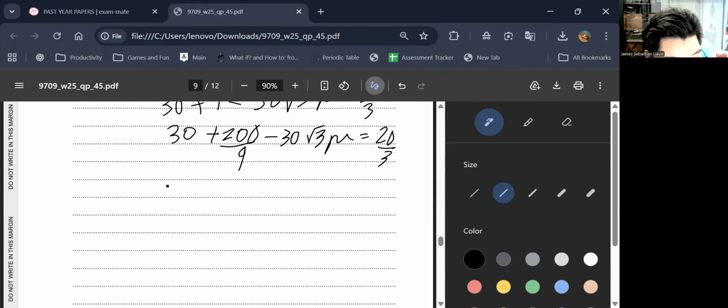Now we have a linear equation in terms of mu only.